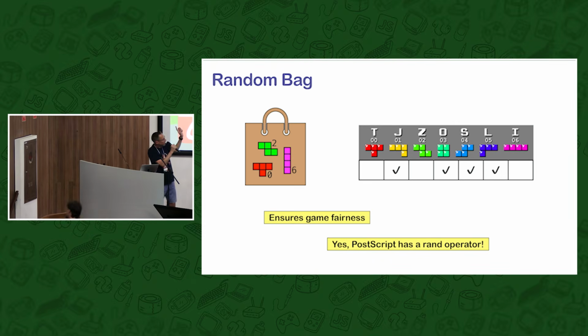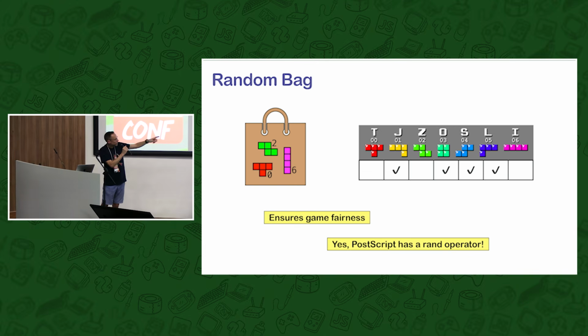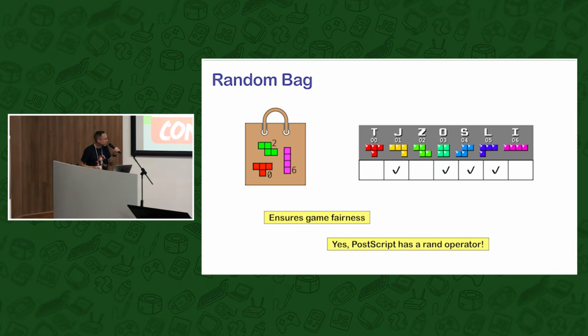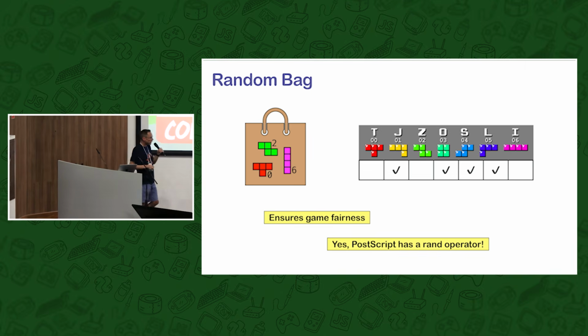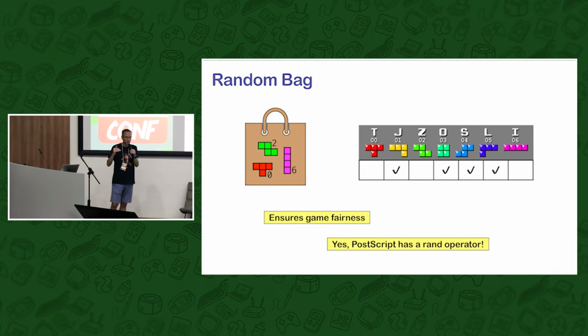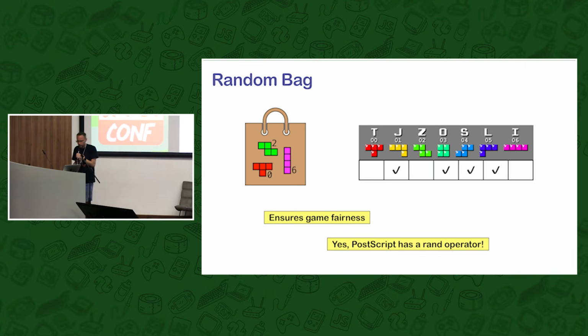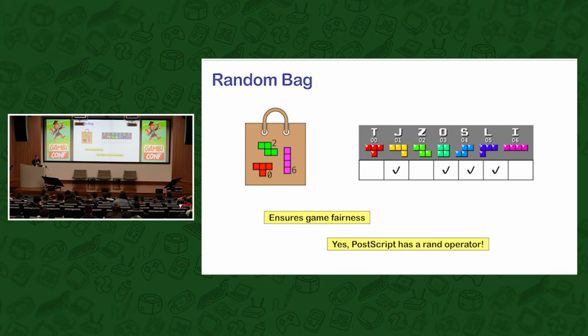Basically, the algorithm will send you those 4 tetrominoes in a random order. And when they are all sent, it will start again. Because yes, PostScript has a random operator. And some people are surprised that if they print the same document twice, you may have two different results if you use a random operator.